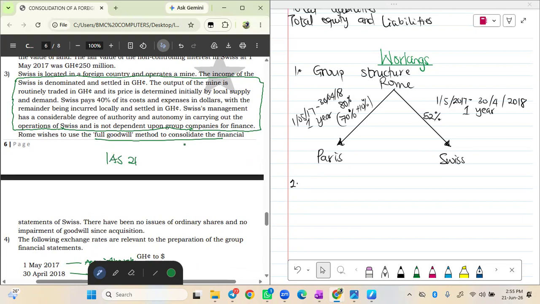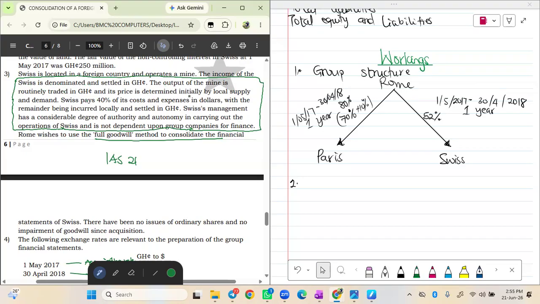But functional currency is determined by certain factors: the sales, your expenditure, where you operate, and whether you have the authority to operate as a whole without depending on the group. So you see everything that we said.